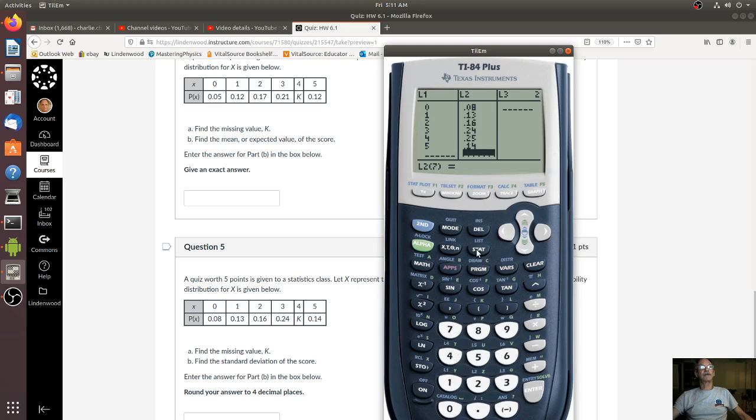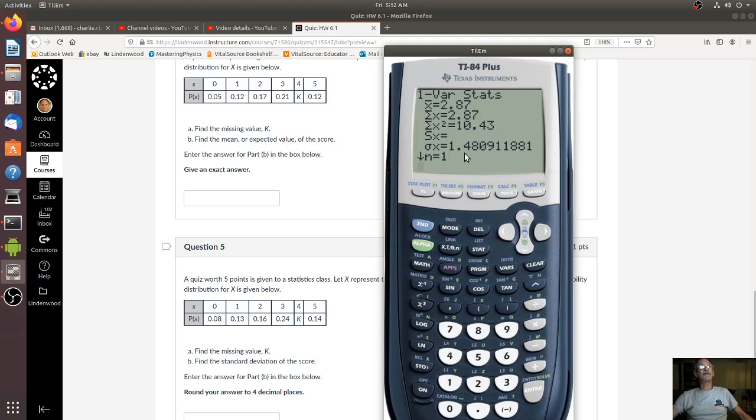Then I press Stat, arrow to Calc, one variable stats, L1, comma, L2. Enter. So if they were asking me for the mean, I would say 2.87 like they do in question 4.